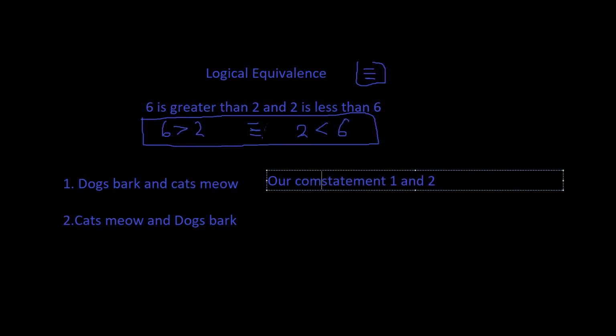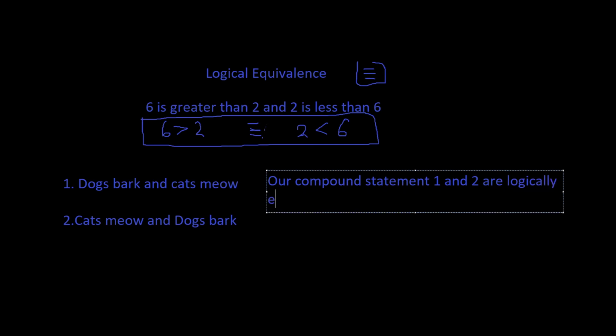So our compound statement 1 and 2 are, and then you could say logically equivalent. And if they want you to write it, I'll write it another way now: logically equivalent.